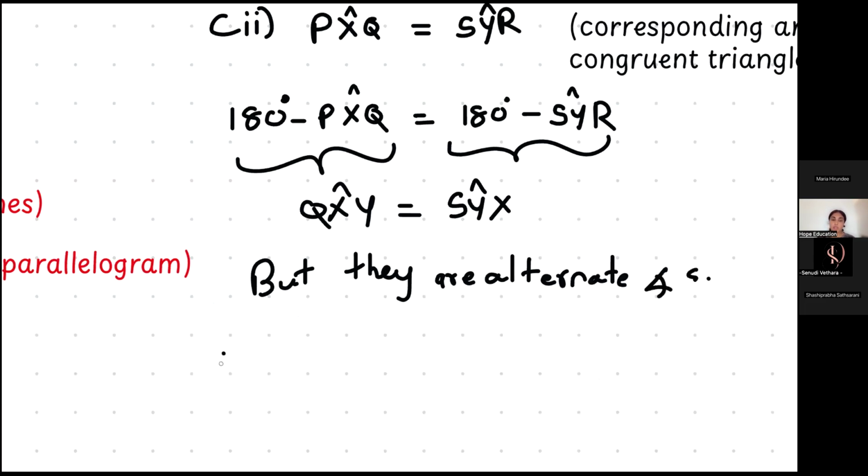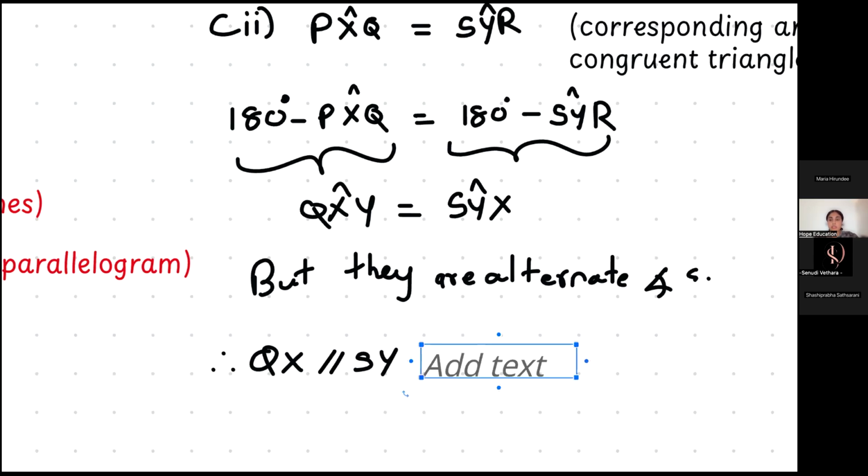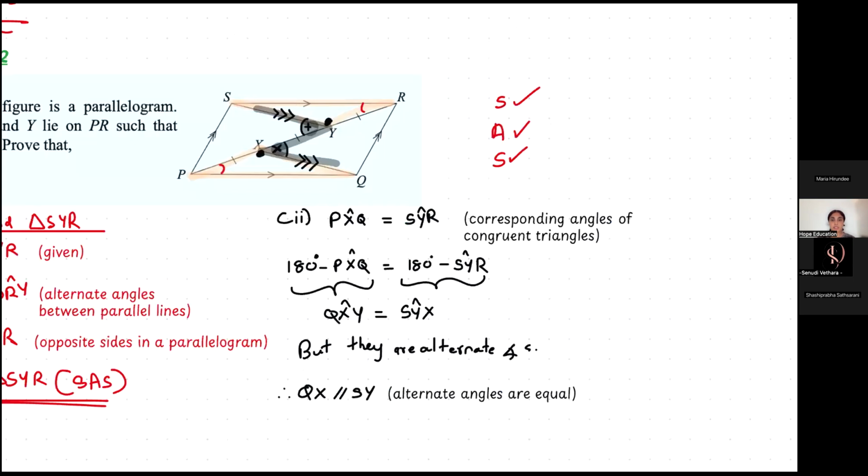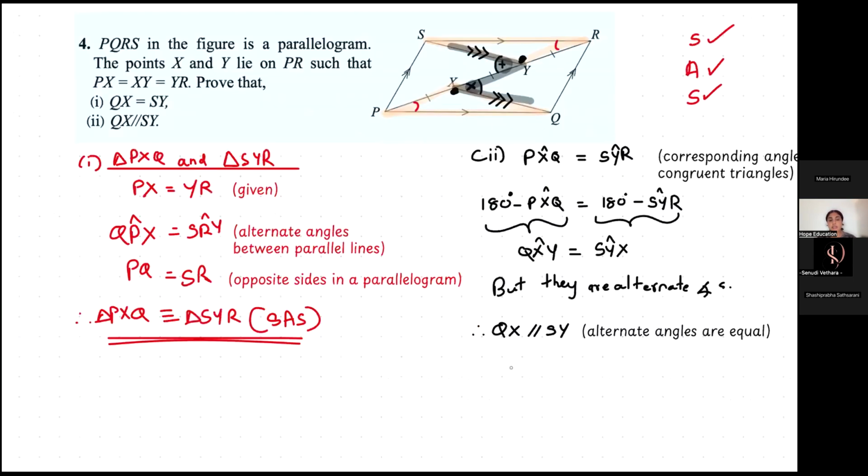Therefore, QX is parallel to SY. Reason is alternate angles are equal. So that is how we show that QX is parallel to SY. Is this clear to all of you?